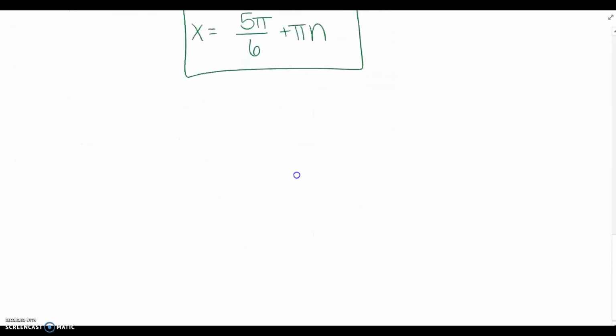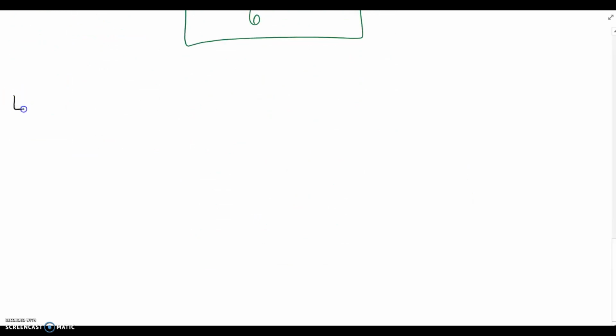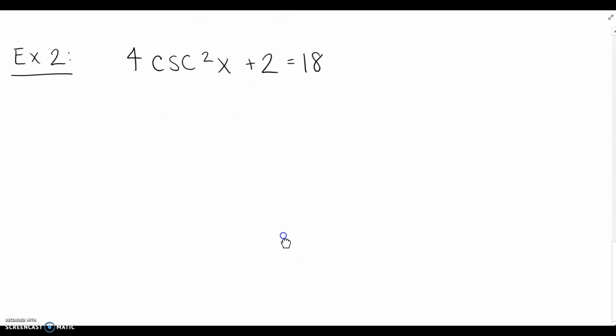So let's do one more example, and then a you try. So this one is solving 4 cosecant squared of x plus 2 equals 18, and we're going to again solve for all values of x. So we need to rearrange.